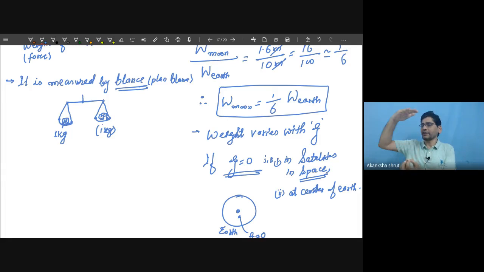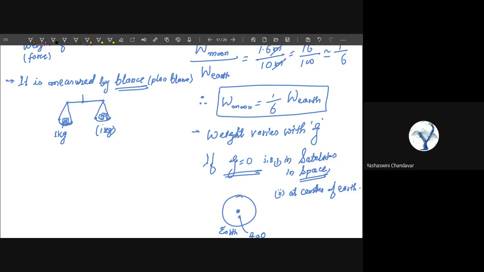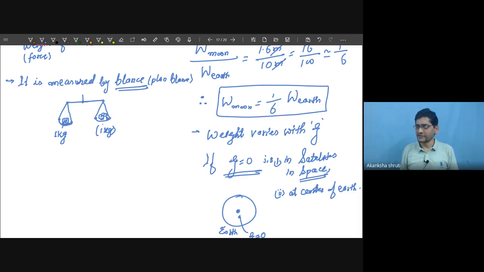The spring comes down, and over the scale you will observe the pointer coming down. That kind of measurement is called spring balance. So weight is measured by spring balance.